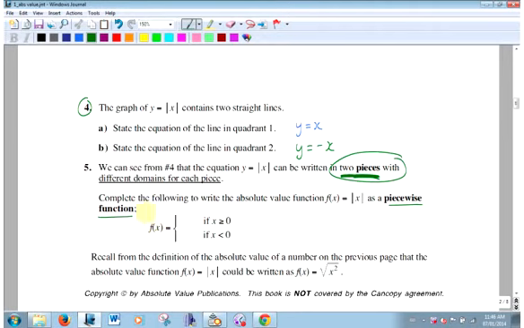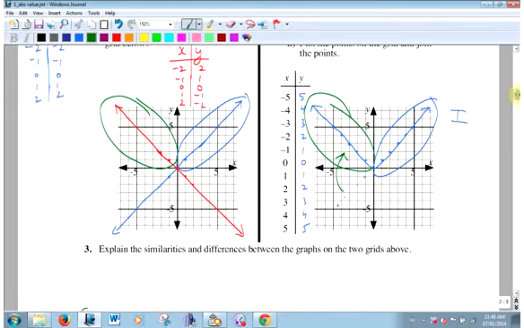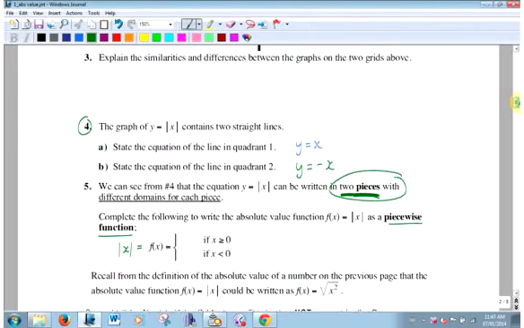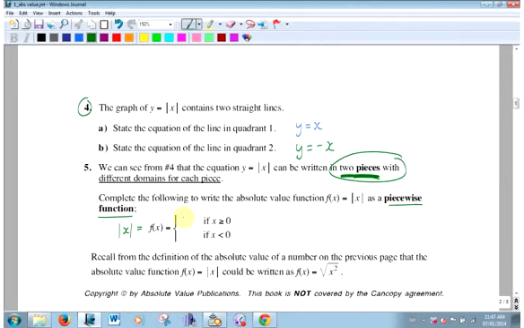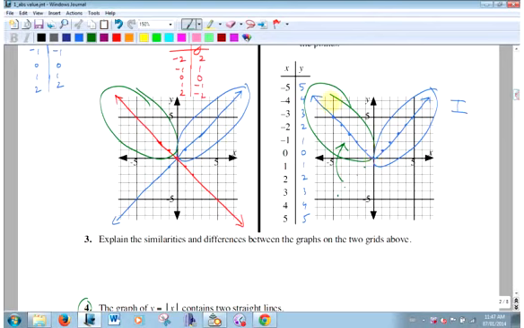This is the function f of x. Again, that was the absolute value of x. If this function was positive, if x was greater than 0, that's all this blue stuff, then I can write that as just x. Okay? And if x is less than 0, then it's not the original function anymore.